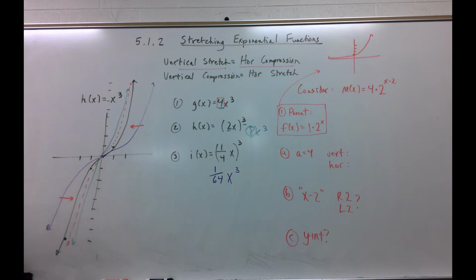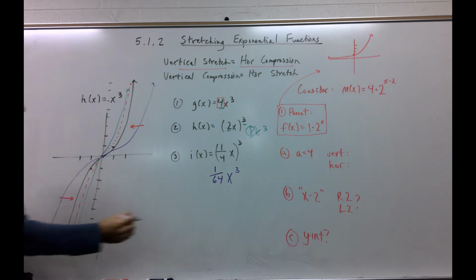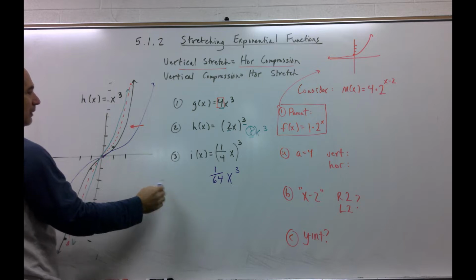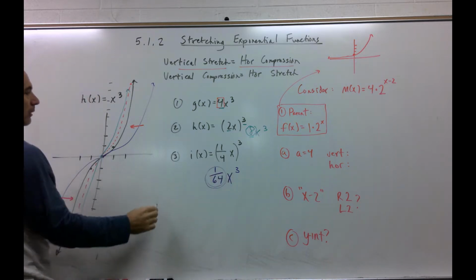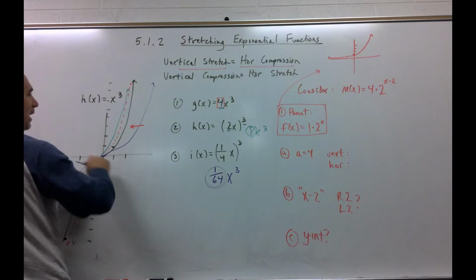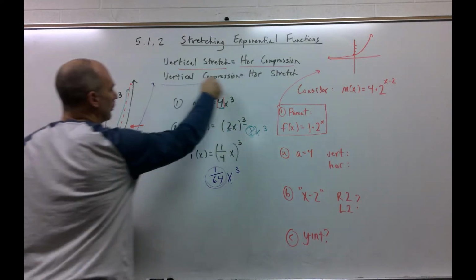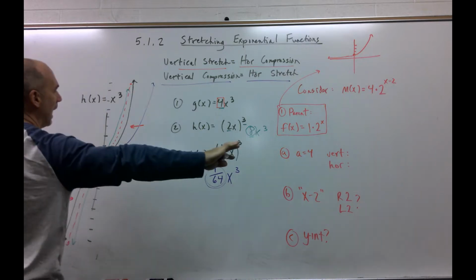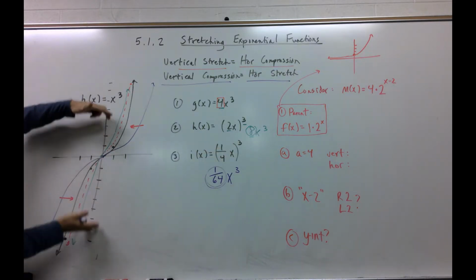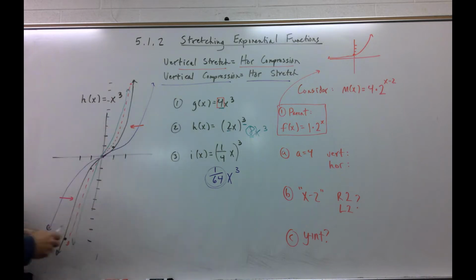Probably wider than that, but not going to worry about that. So what happened? Well, that's a vertical compression by 64. And it's a horizontal stretch. See, a vertical compression, horizontal stretch, same thing. Horizontally, it's getting stretched, but vertically, it's getting compressed. It's not going up as fast.